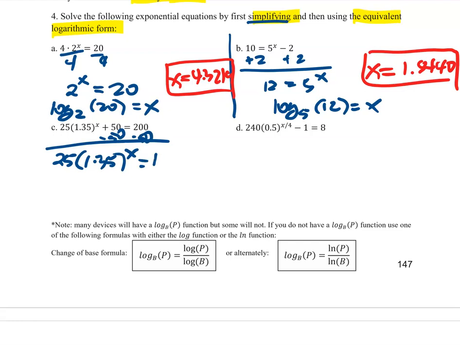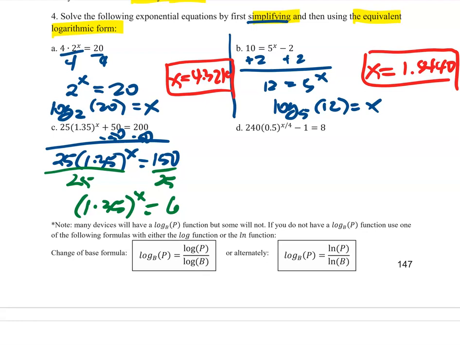(200 minus 50 is 150), and then divide both sides by 25. So that is now 1.35. The power of x is equal to 150 divided by 25, which is 6. Then now we can rewrite this to log.